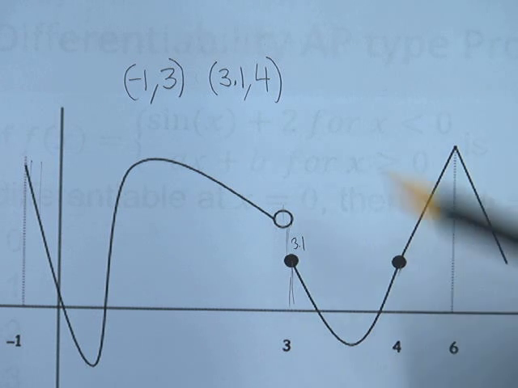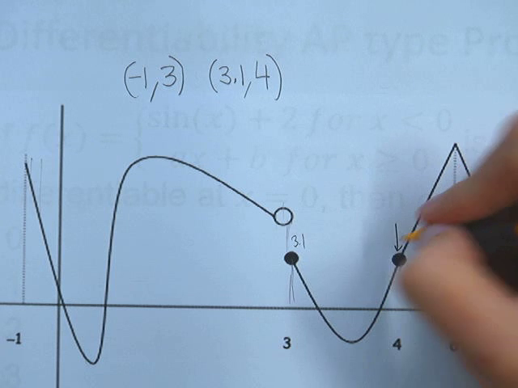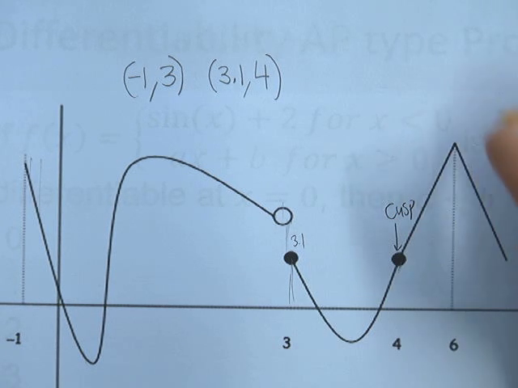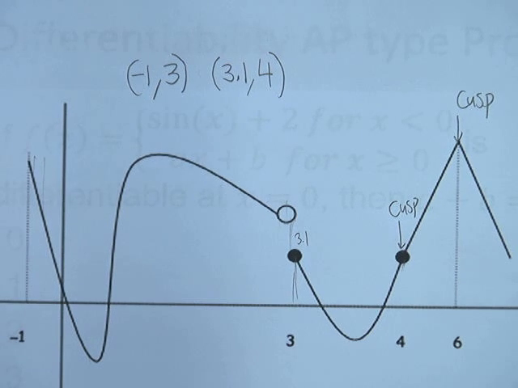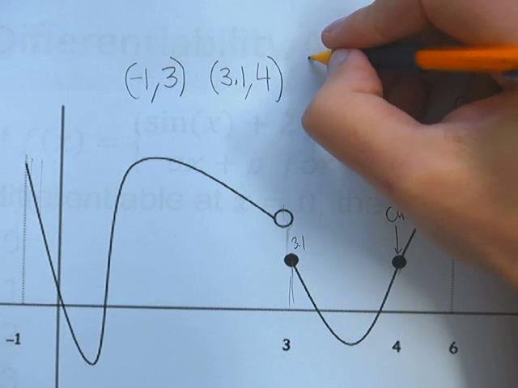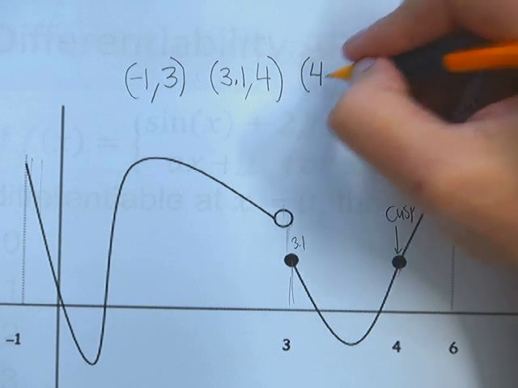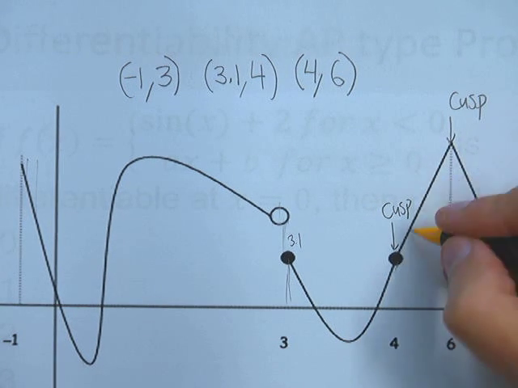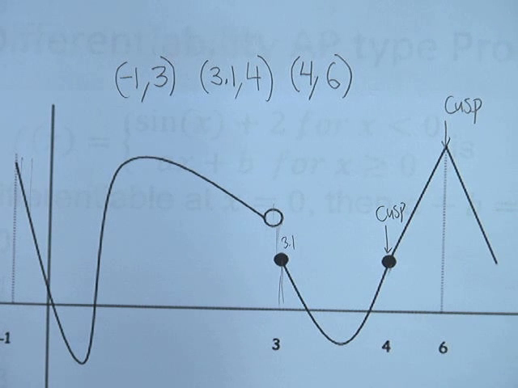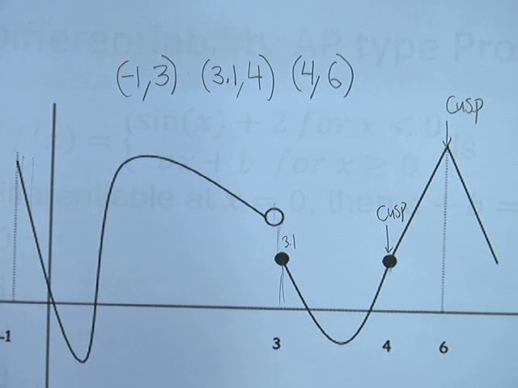So I'm actually going to say, I think this is a cusp. I mean, I also think this is a cusp. So we're going to have some more breaks in this thing. So the next interval is from 4 to 6. It's differentiable in between these two. But then it falls apart at those 2 points.